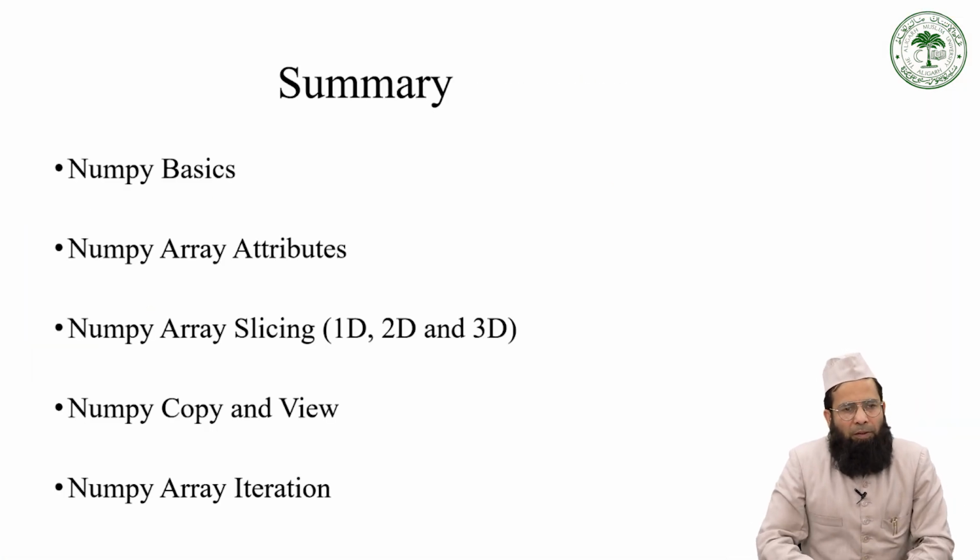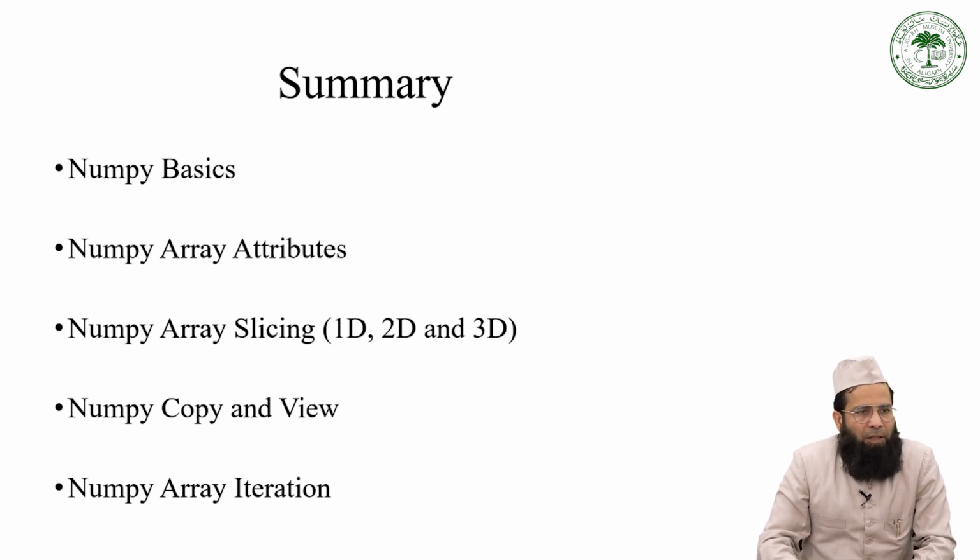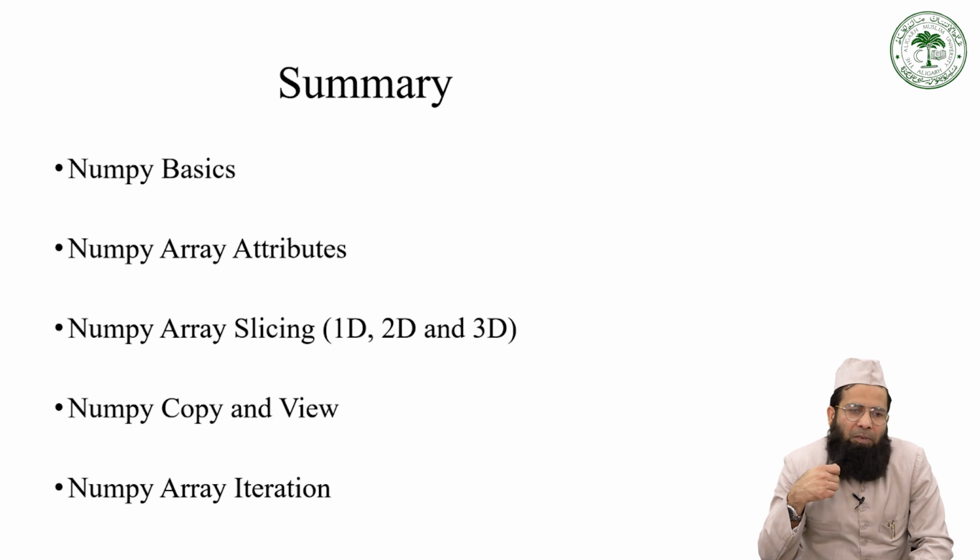So I'm stopping this lecture here. What we have discussed till now is the basics of NumPy, and we discussed different attributes of NumPy: shape, ndim for dimension, and dtype for finding the data type.